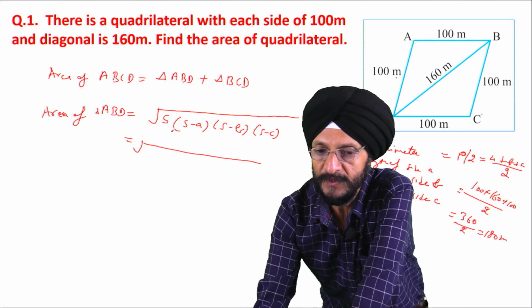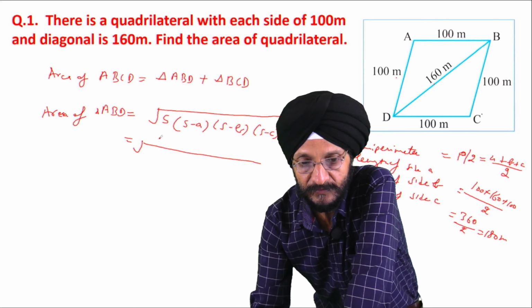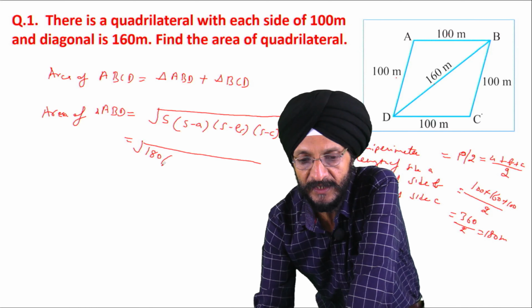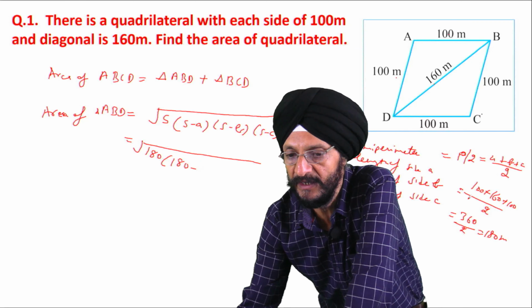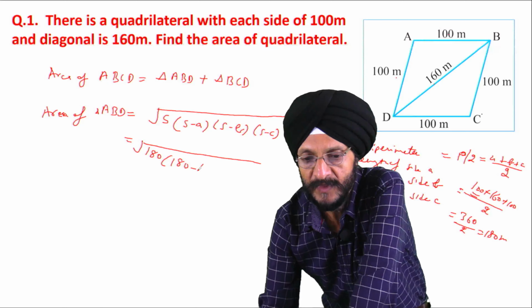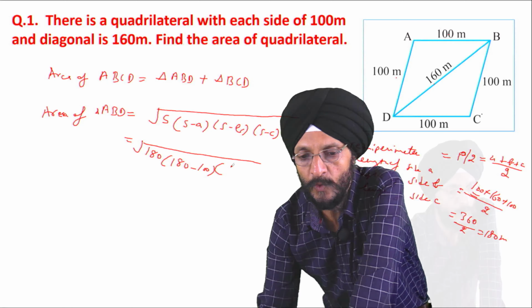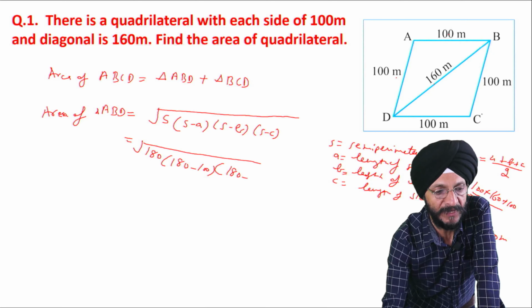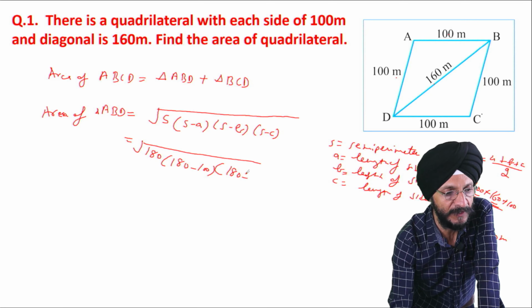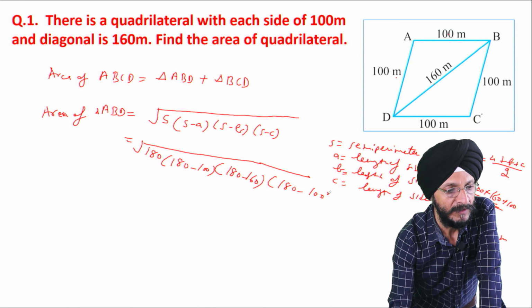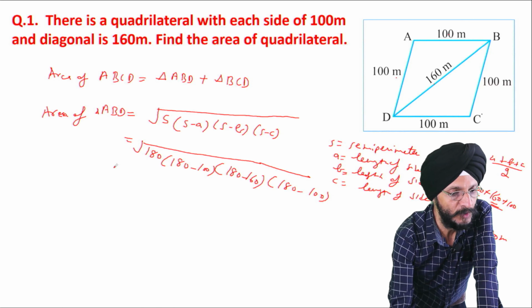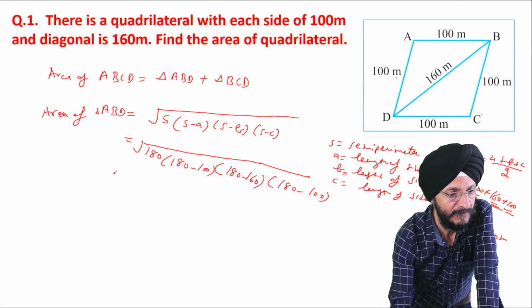So this is the value of semi-perimeter. 180 into 180 minus A, which has been taken as 100, into 180 minus B, which has been taken as 160, into 180 minus 100, because C has been taken as 100.